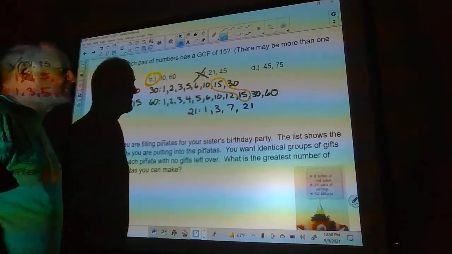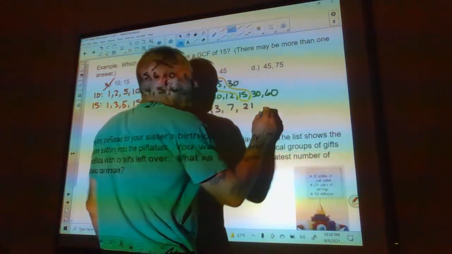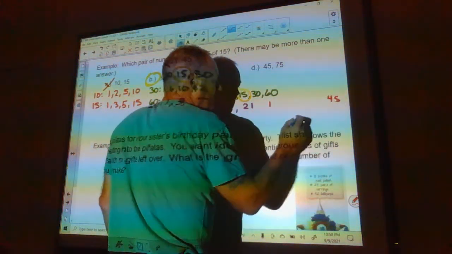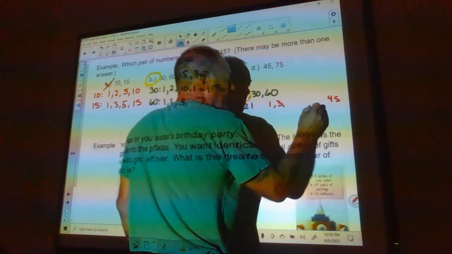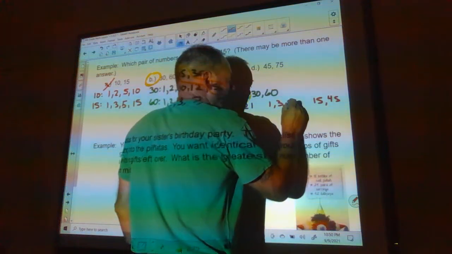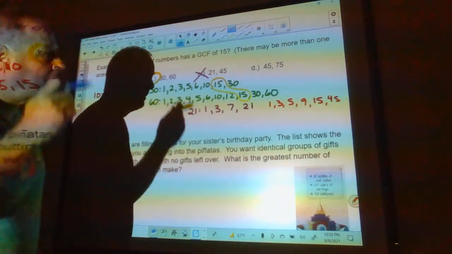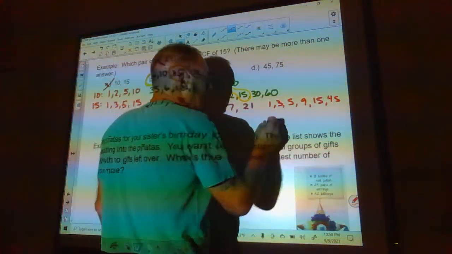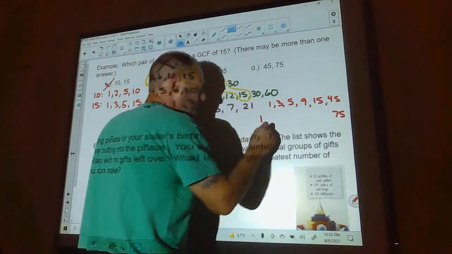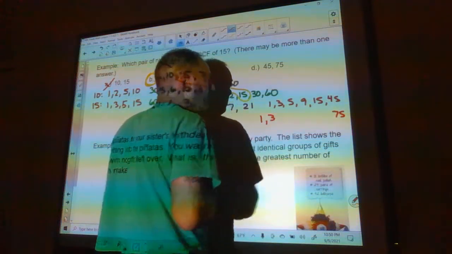Okay, 45 and 75. So factors of 45 would be 1 and 45, 3 and 15, and 5 and 9. So 15 works here. Now I got to check 75. So let's see, 1 and 75. Let's see, 3 will go into 75.